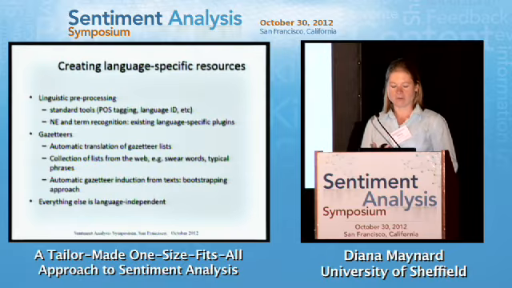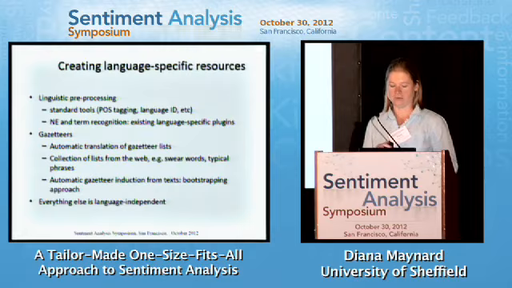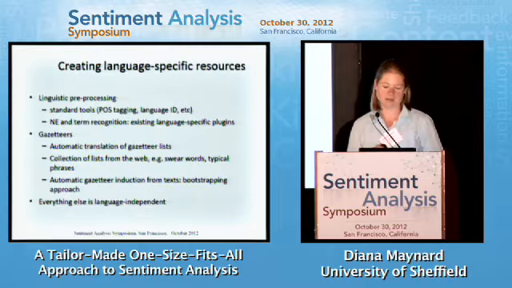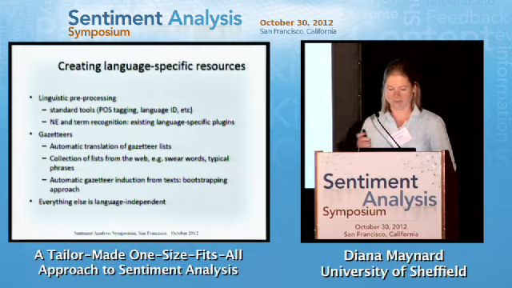We then have the problem of creating new gazetteer lists for our different languages. We do this in a number of different ways. We do some automatic translation of gazetteer lists from English. So this might be standard things like names of bands, names of people, days of the week, months of the year, whatever.